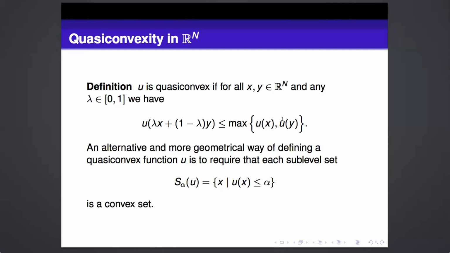So if your function is defined in Rn, the sublevel set is a subset of Rn, and you ask this to be convex. And now we want to extend this definition to the tree and see what is the equation associated with this quasi-convexity.